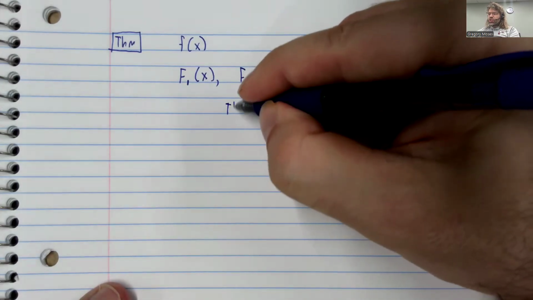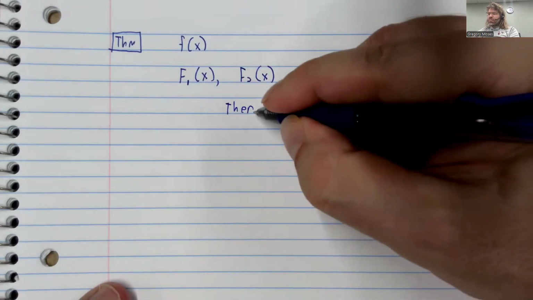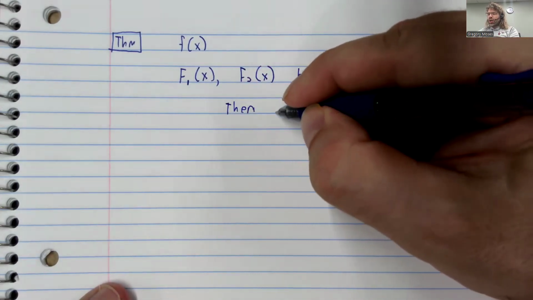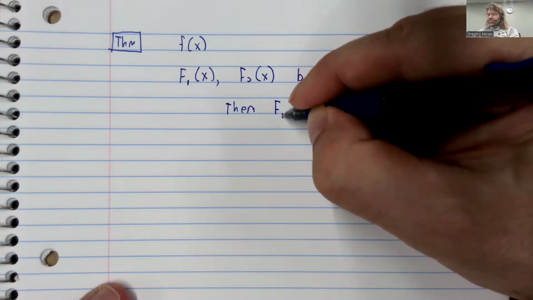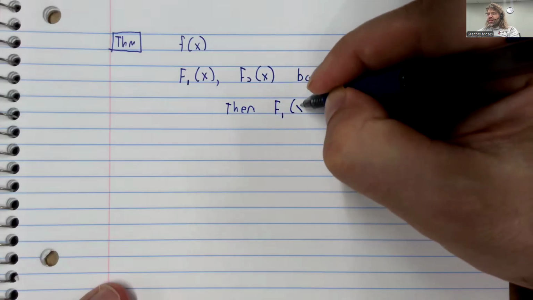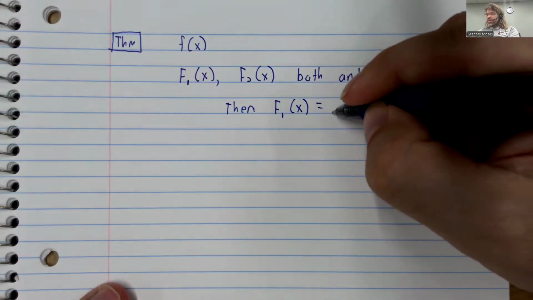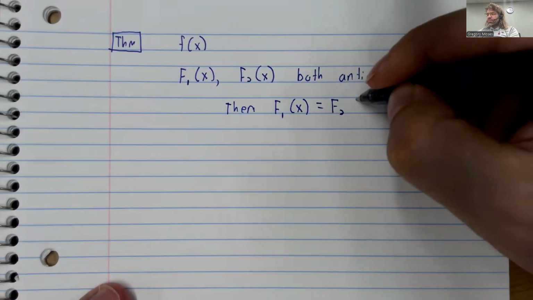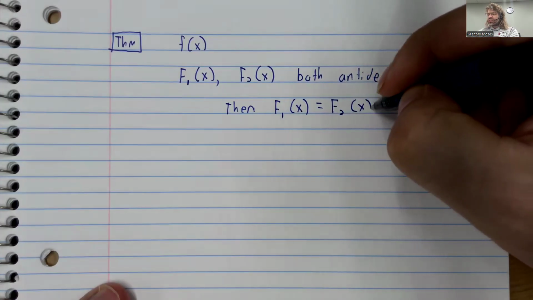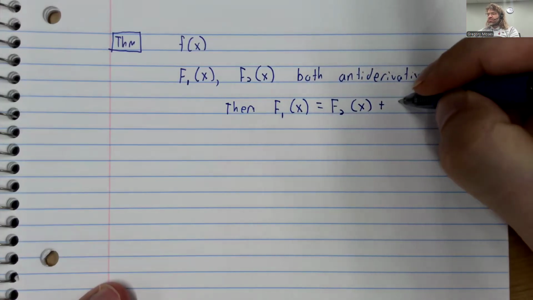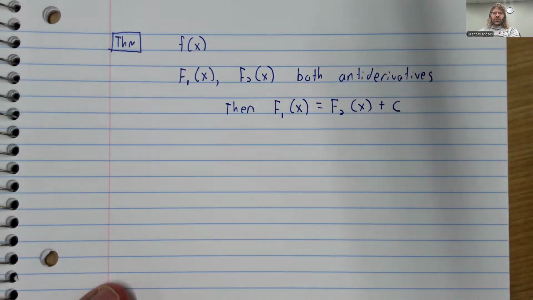Then these functions are the same except for a constant. That is to say that capital F sub 1 of x is capital F sub 2 of x plus a constant.